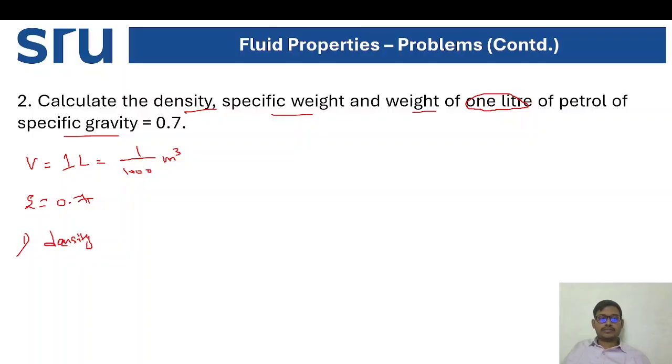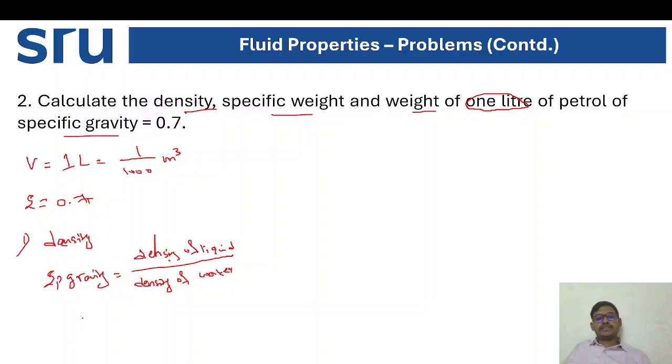Now coming to the picture, first one is density, then specific weight and weight. Now as we know that specific gravity equal to density of liquid by density of water.